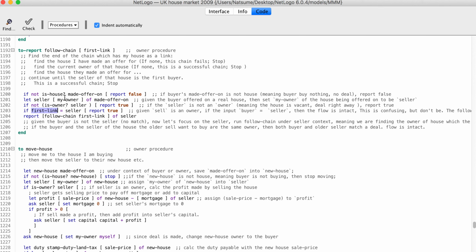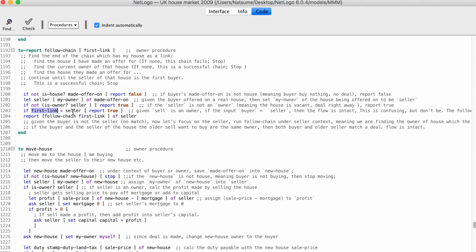Because it is the first link under the first link context, the first link looking for a house, and this house has an owner which is called a seller, which is the old seller. So this original buyer wanted to buy a house from the old seller, and the old seller wanted to buy a house from the new seller.